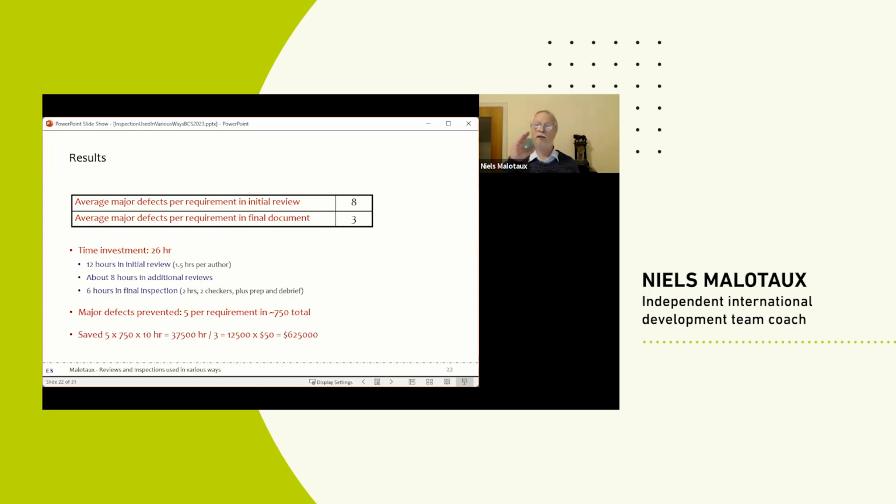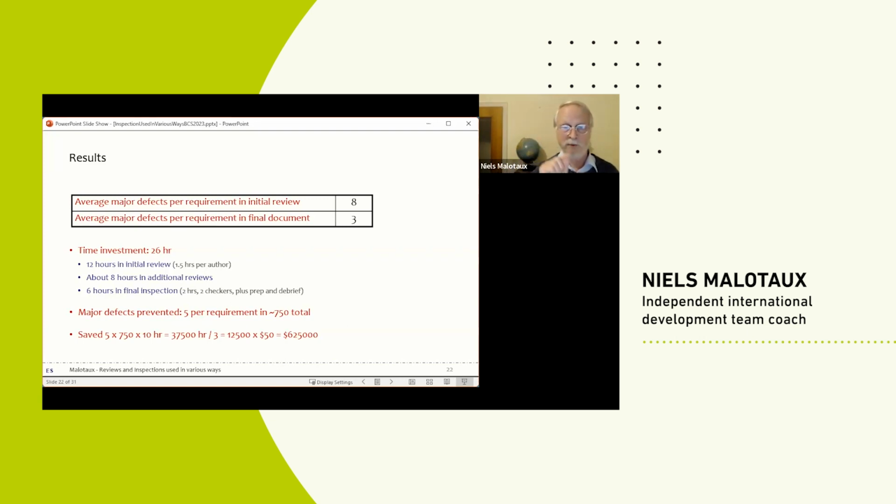If you are not educated in inspections, you don't believe what we are saying here. Every requirement can have 8 major defects. How is that possible? Well, that's why the education in inspections is so important. Once you have that education, you know this happens. But let's not go into that for the moment.